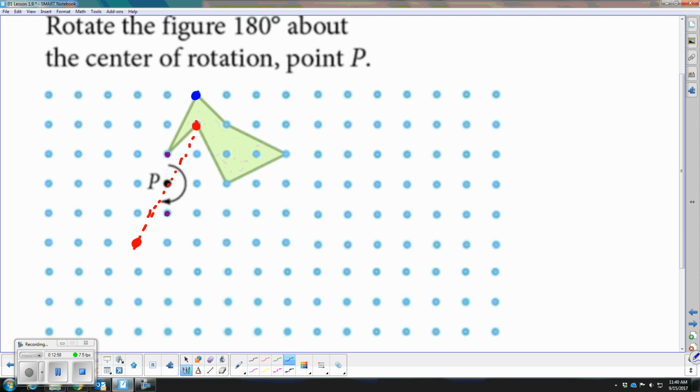Then this point, and again, we're going to go 180 degrees. Let's see. 1, 2, 3. So if I draw my line, here's this point.